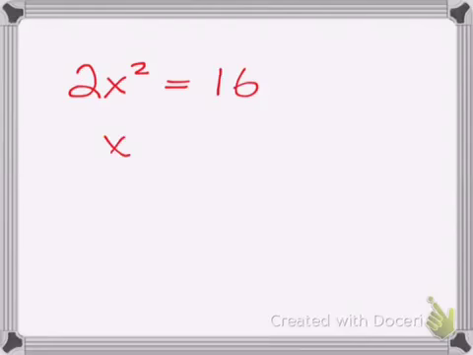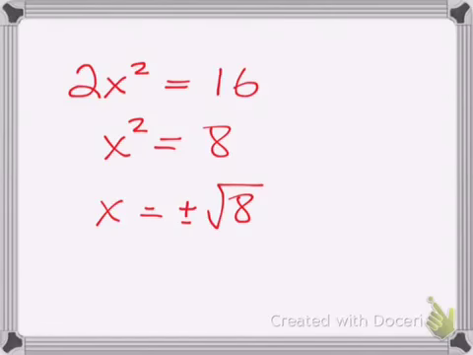8. X squared equals 8. Now are the conditions of the square root property met? They are, right? So I can invoke the square root property because I have something squared equals a number. X will equal plus or minus the square root of 8. Is 8 a perfect square? No. Is the square root of 8 simplified?